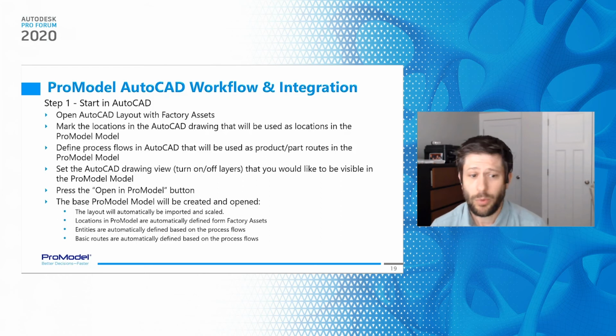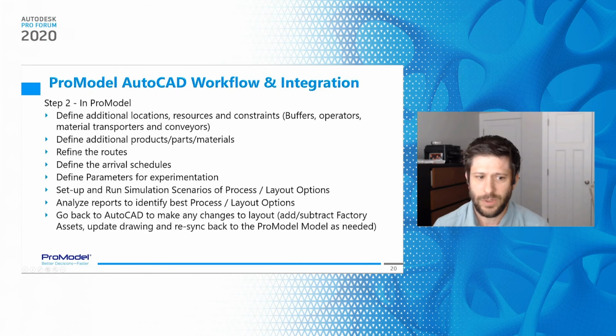The base ProModel model will be created and opened, and the layout's going to be automatically imported and scaled exactly how you had it turned on inside of AutoCAD, and the locations will be automatically defined for those factory assets that we selected. Entities that you added will be in there, and there will be process flows for them.